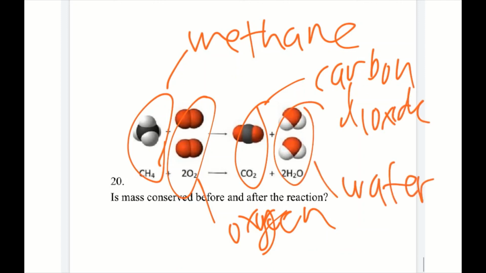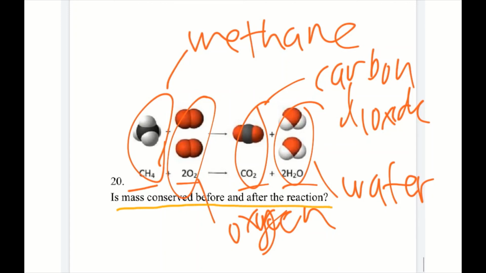You may have heard of all these chemicals at one point in your life, and if you haven't, that's fine, because you will learn that in a future video. So don't worry about naming these chemicals. Just worry about what the question is asking. The question is asking, is mass conserved before and after the reaction?